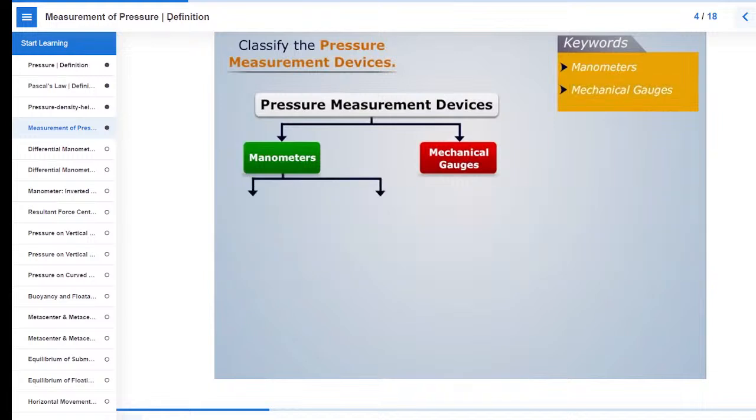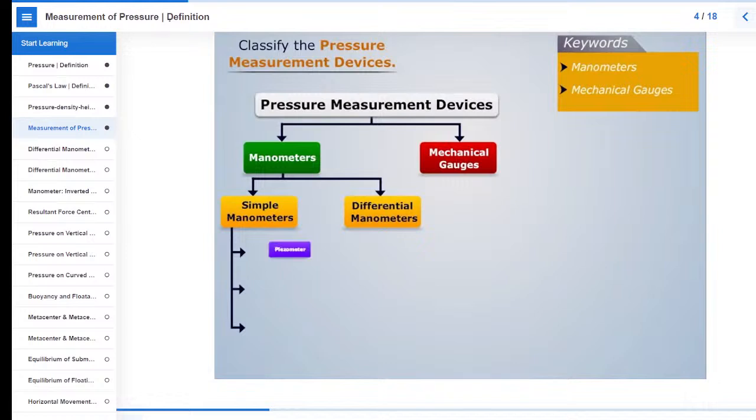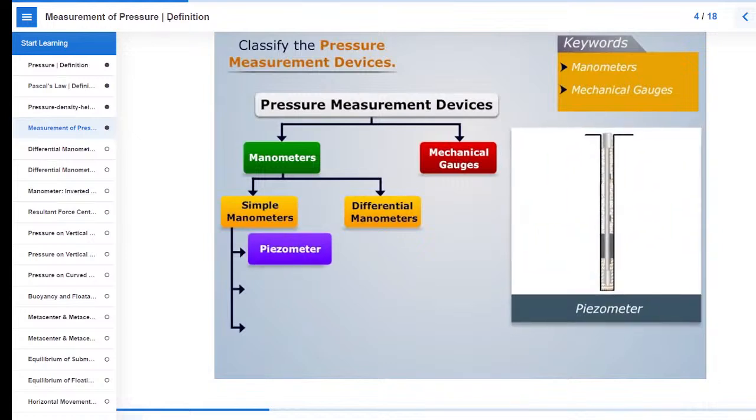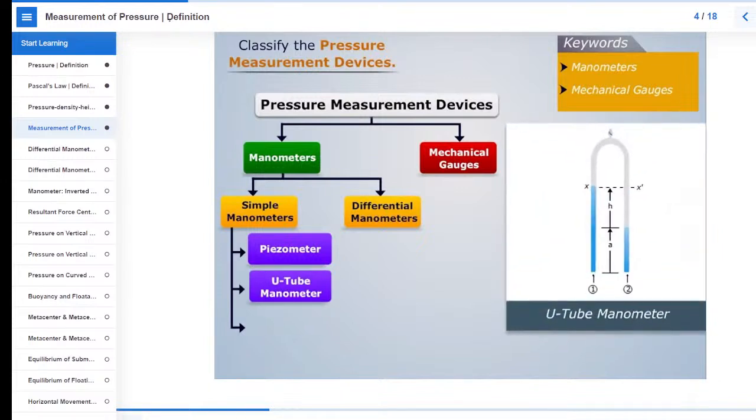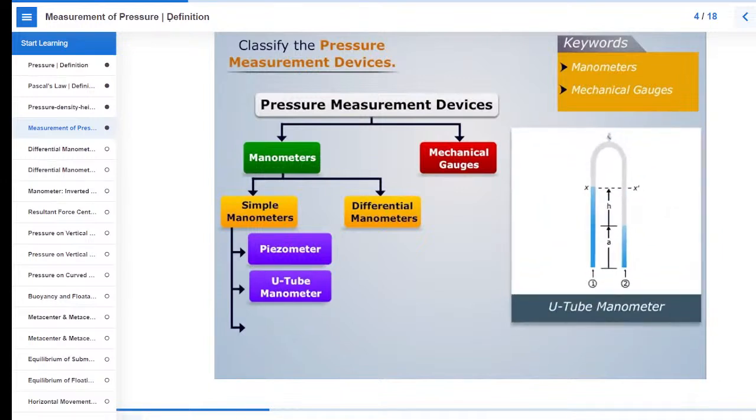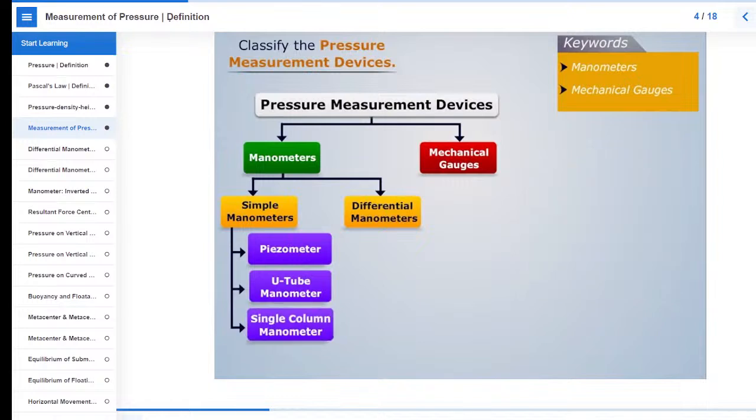Manometers are further subdivided into simple manometers and differential manometers. Simple manometers are further subdivided into piezometer, U-tube manometer, and single column manometer.